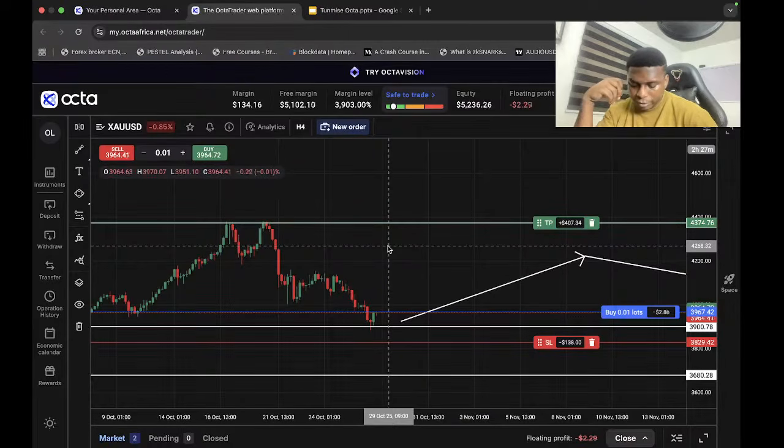If you don't trade the news, I would advise you stay away from the news. But if you trade the news, then maybe you want to trade after the news is out or before the news is out.